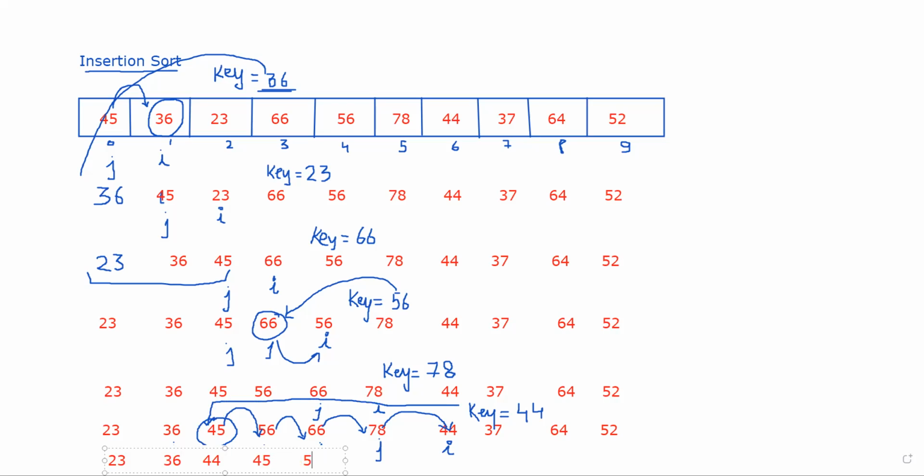And remember, insertion sort is considered much better as compared to bubble sort and other sorting, because the number of loops and comparisons are less in this case. Then 78 will come here. Then 44 has already gone to that place, 37, 64, and then 52. I hope now this is very much clear to all of you.